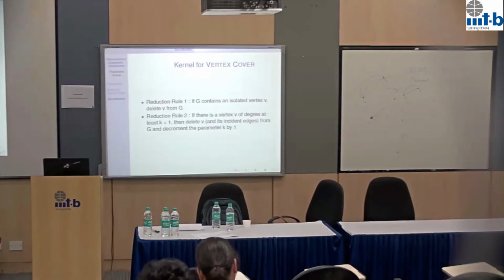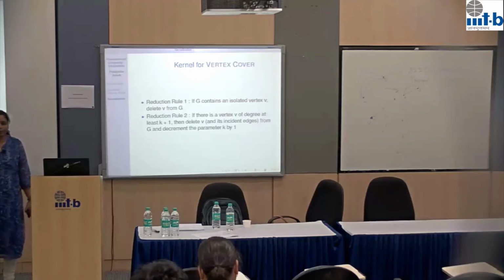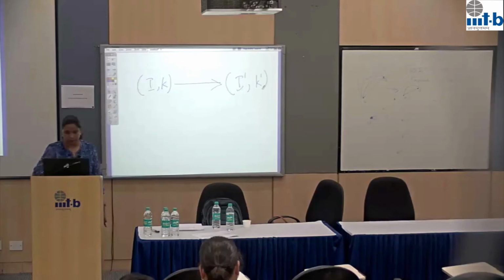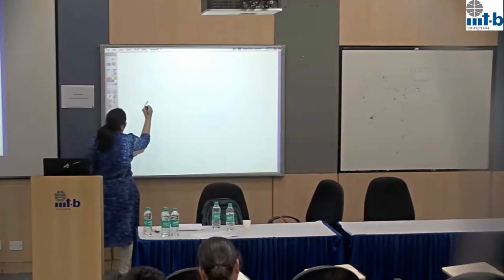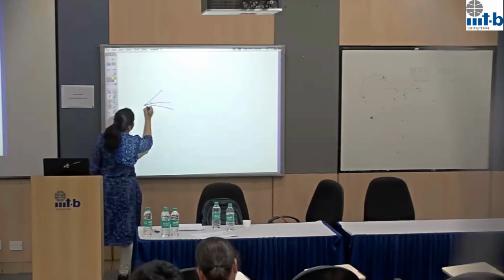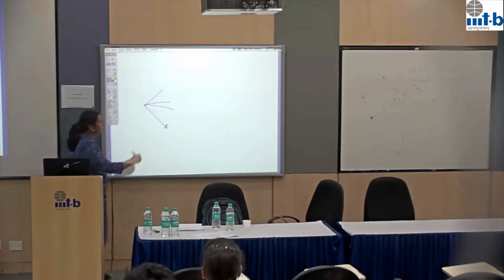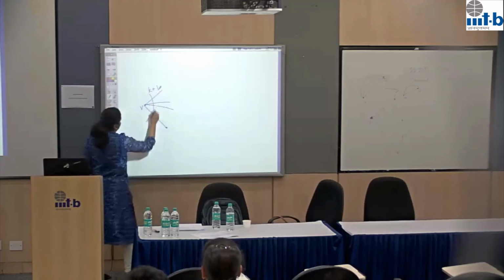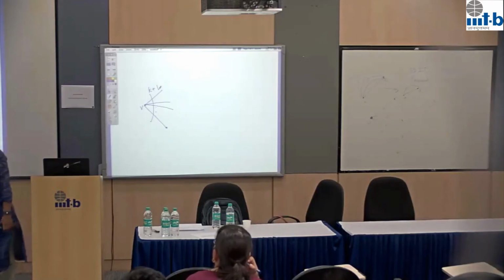If there exists a vertex of degree at least k plus 1, what can you say about such a vertex? So what is our problem? We are trying to find a vertex cover of size k. So we have a vertex v with degree k plus 1.